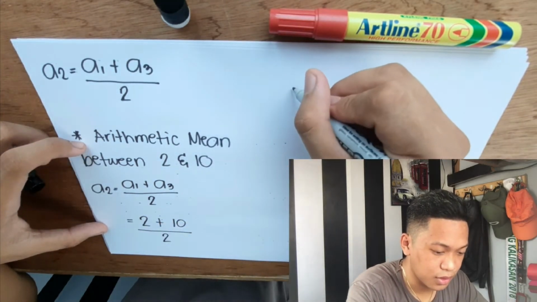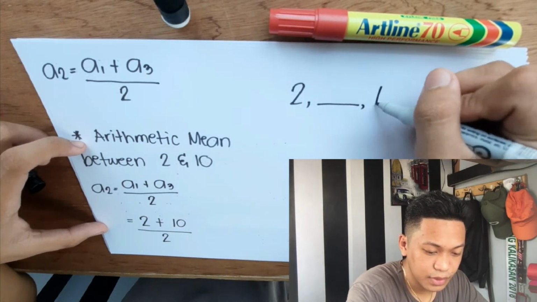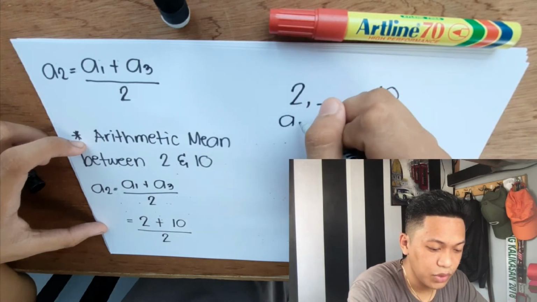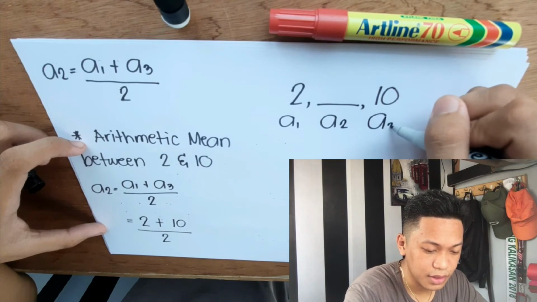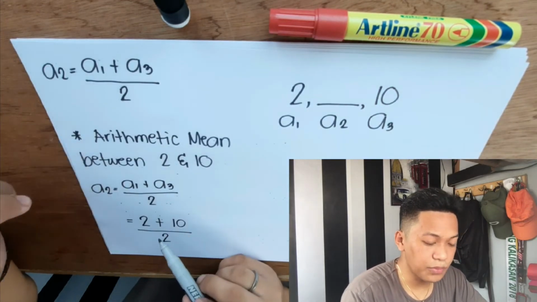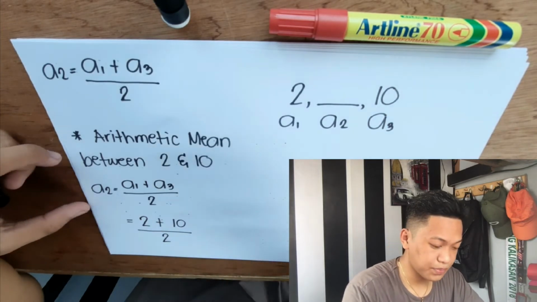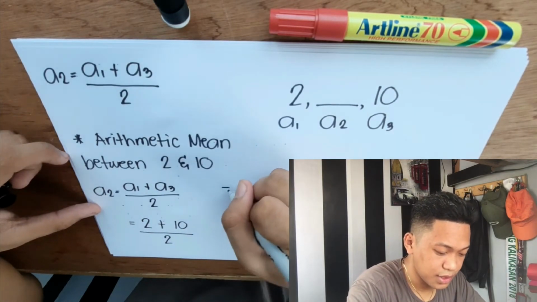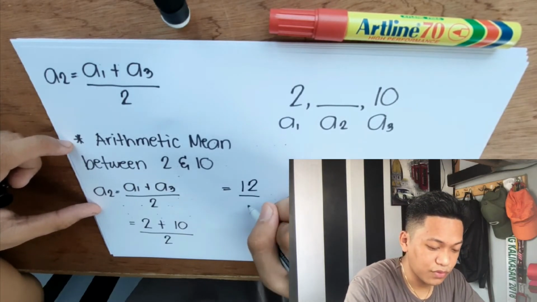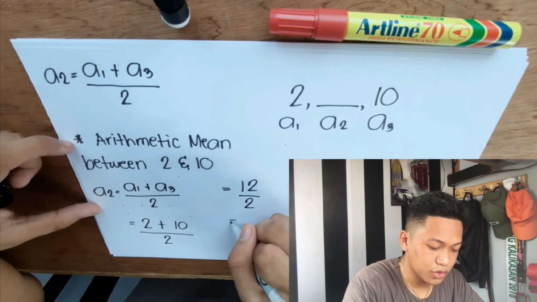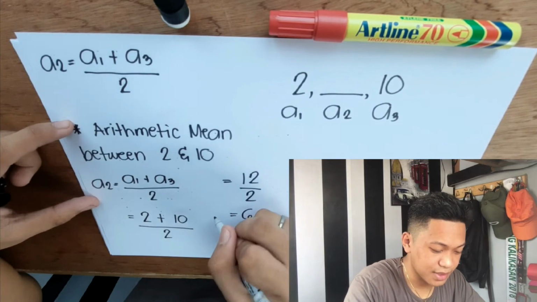So, sulat natin dito 2, tapos yung kanilang arithmetic mean, tapos 10, tapos A1, first term, A2, second term, and A3, last term. So, kukumputin lang natin to para malaman natin yung kanilang arithmetic mean. So, equals 2 plus 10 is equals to 12 over 2. So, 12 divided by 2 is equals to 6.